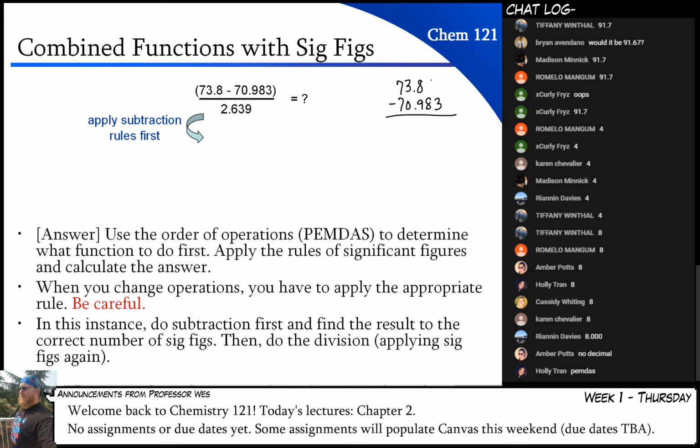Can't go to the hundredths place, that's no good. Tenths place works, though. So I will do my subtraction. 1, 8, 2. So I got 2.817 from that subtraction, but I only get to keep to this position, which means that I can only keep 2.8 as my answer.